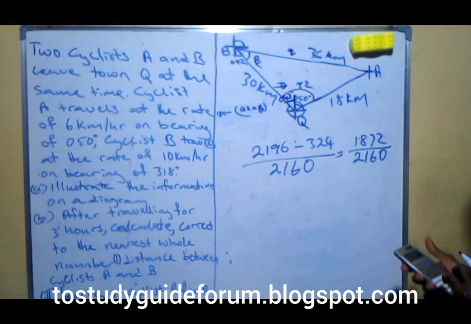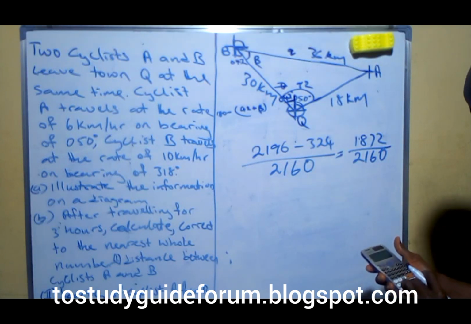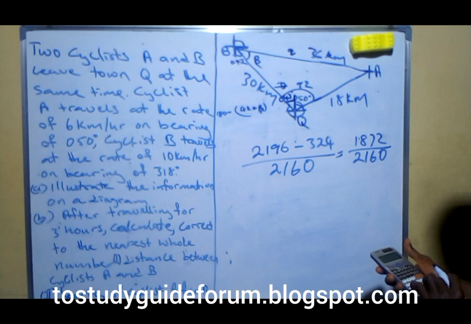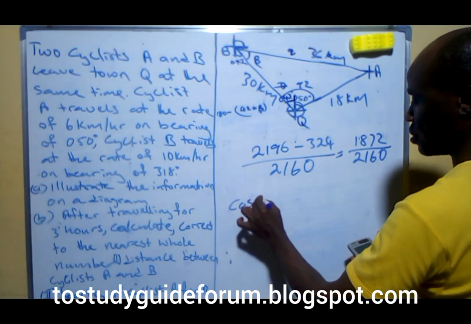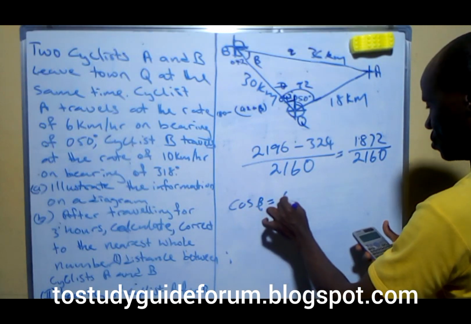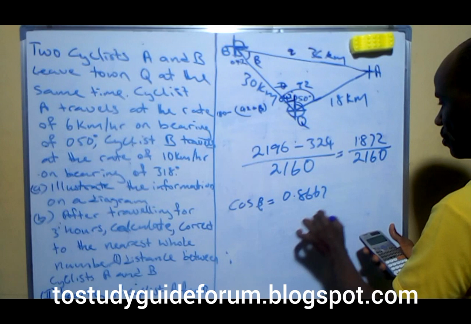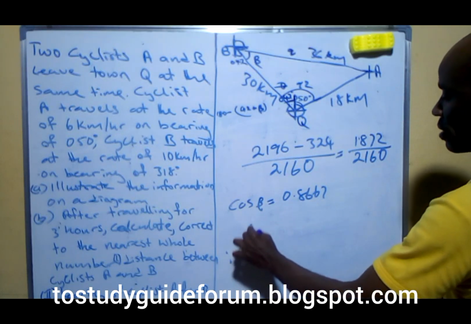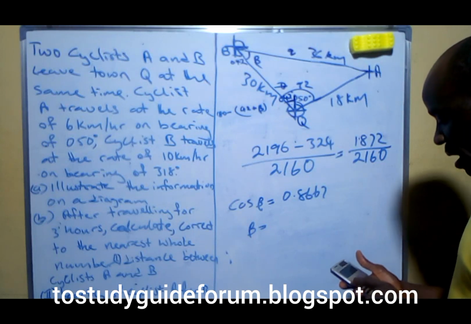We can now divide. If we divide it, we have cos beta is equal to 0.87.